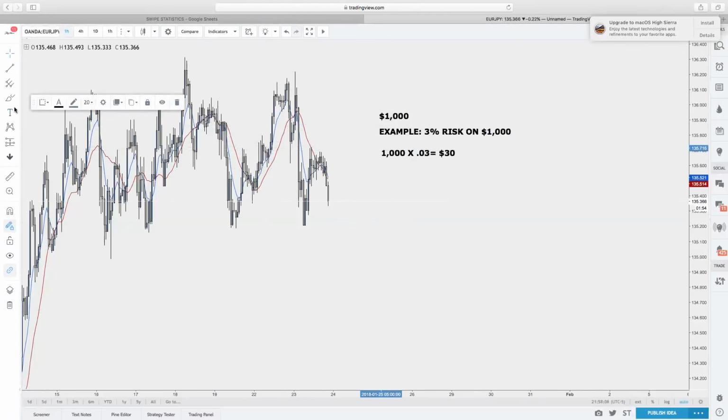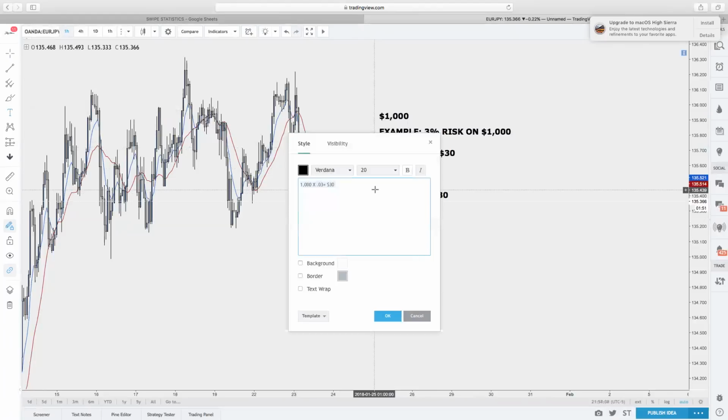Usually 0.03 per 1,000 is a 1% risk. Well, if you want to risk 3%, 0.03 times 3 is equal to 0.09, which would be your lot position size in total.